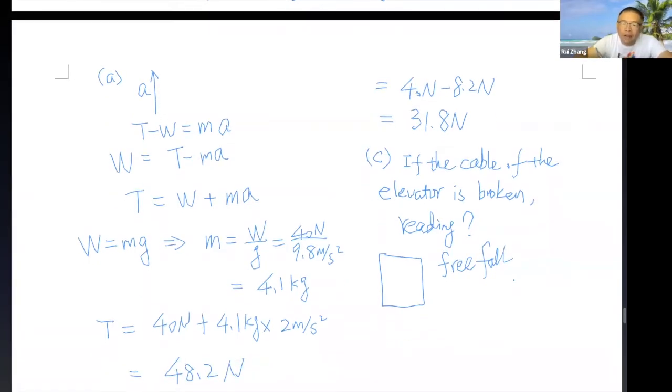And the fish is definitely going to fall with the elevator together because everything is in free fall. So you have an acceleration equal to negative 9.8 meters per second squared. That's the free fall acceleration.